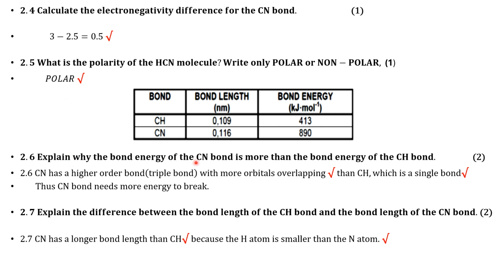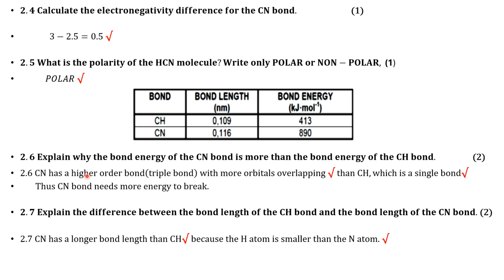Explain why the bond energy of CN bond is more than the bond energy of CH bond. Alright, so we want to know why there is such a huge difference. So number one, between carbon and nitrogen, you saw there when we drew the structure, there's a triple bond. Between the carbon and the hydrogen there, single bond, right?